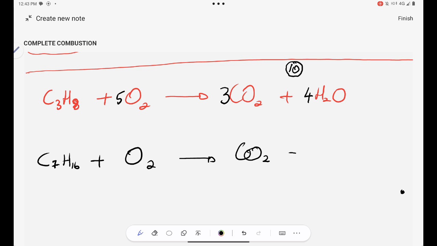Carbon dioxide and water. How many carbons do I have on my left hand side? I have 7. On my right hand side I only have 1. Let me write properly. That's carbon dioxide and water.